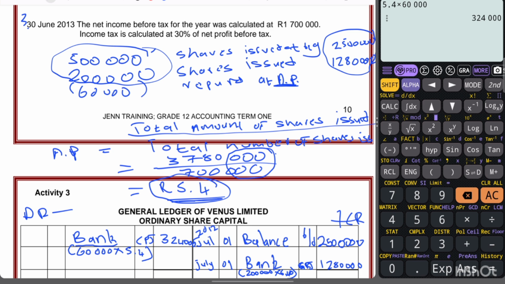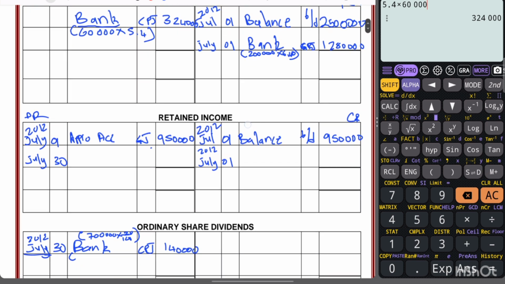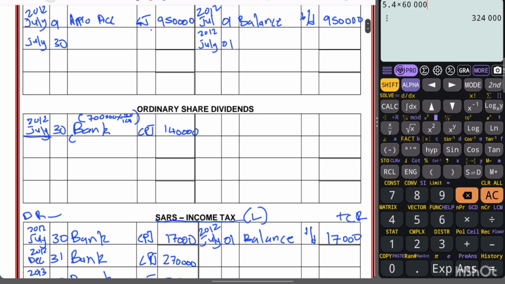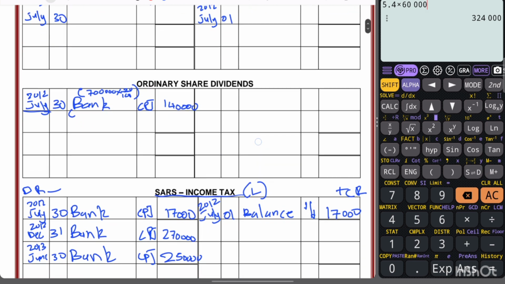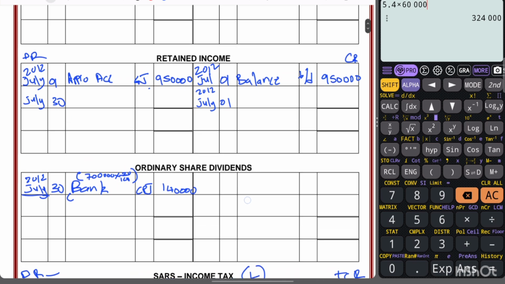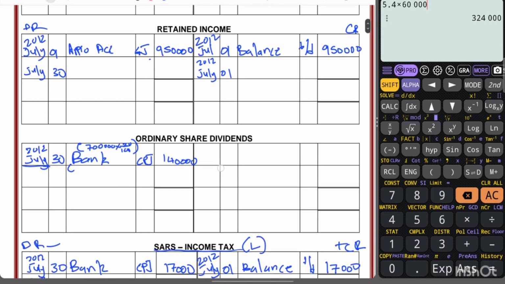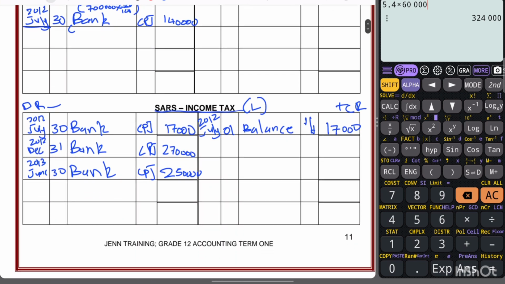Obviously, we have lost a certain amount there. Then where did that amount come from? The difference. Where does the difference come from now? The difference will come from the retained income.